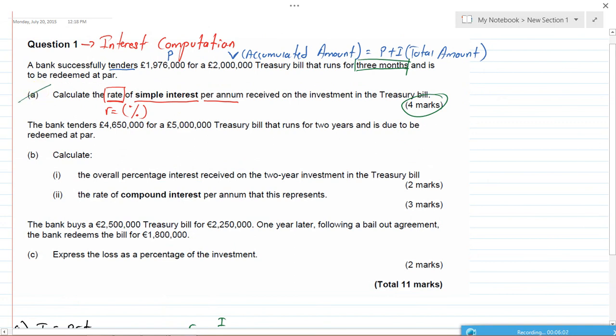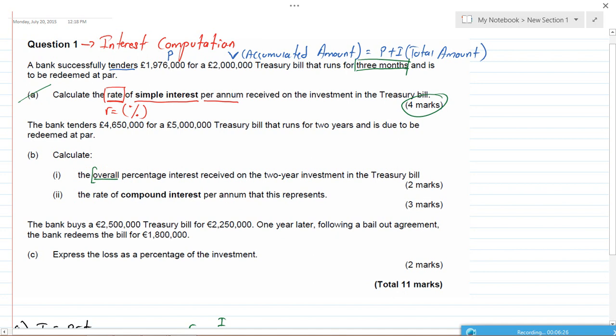Next, the bank tenders 4650 for 5,000. The Treasury bill runs for 2 years and is due to be redeemed at par. Again, look at the required B1: the overall percentage. Be careful, they say overall.